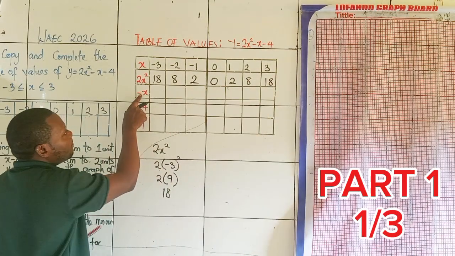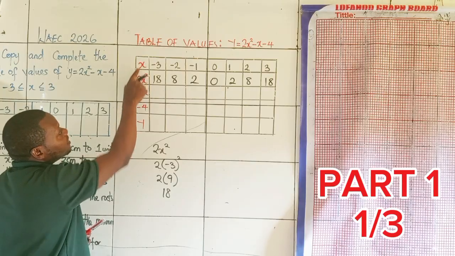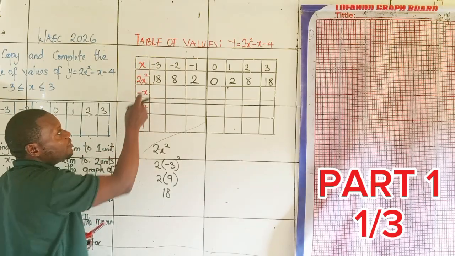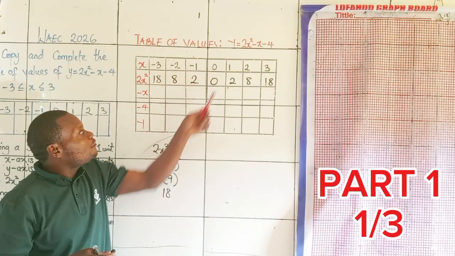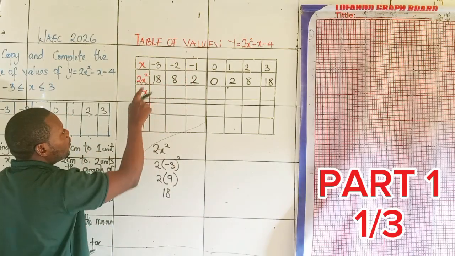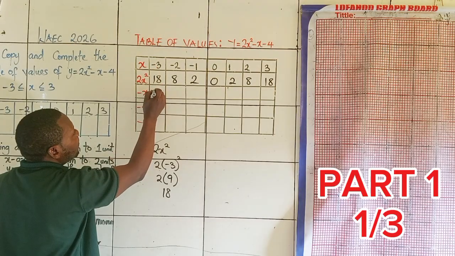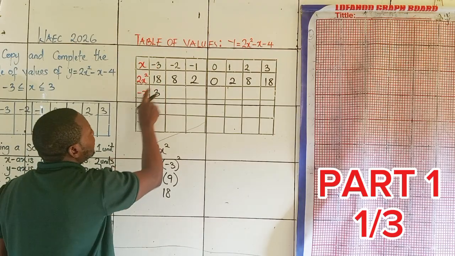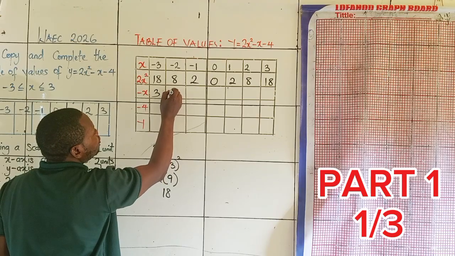Now, you move to the minus x. You have to be very careful here. This is the plus x and this is minus x. It simply means you are multiplying a negative value with each of these values of x. So minus times -3 will give us +3. Then minus times -2 will give us 2.